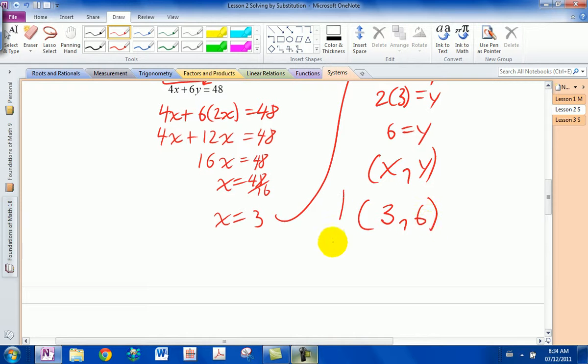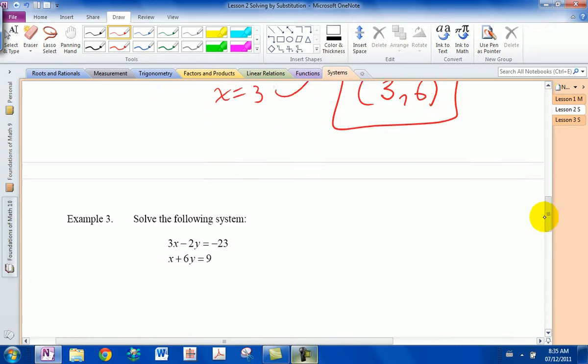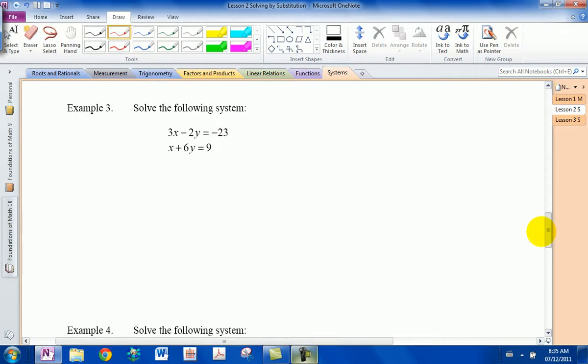Okay. So this is your answer. Bracket 3 comma 6 bracket. Okay. That's your solution to the system. At that point, what are we going to see? What's happening at that point? They cross, exactly. Okay, at that point, both lines are crossing. Okay, turn it over. Okay.